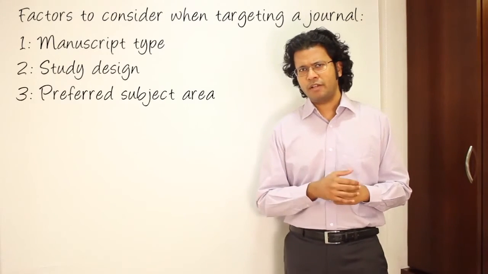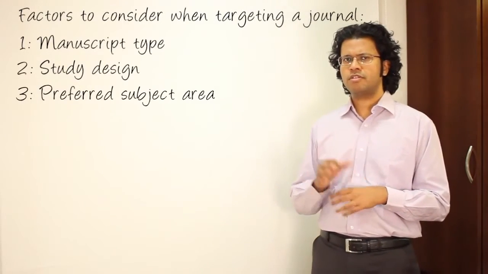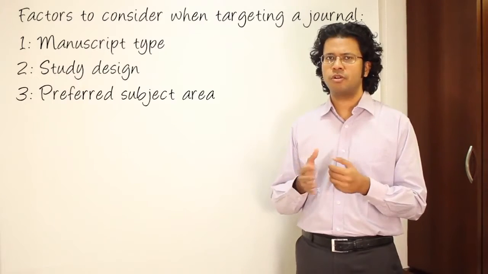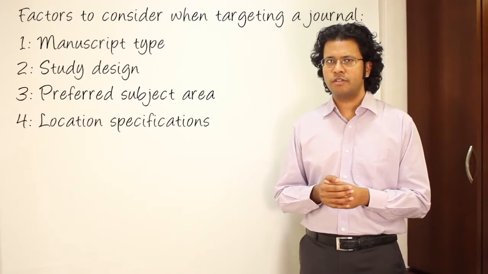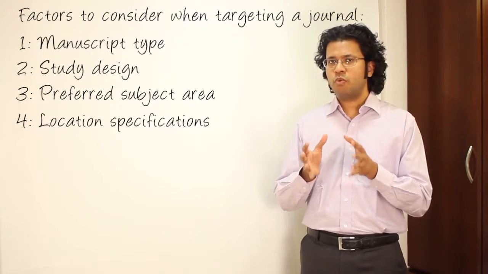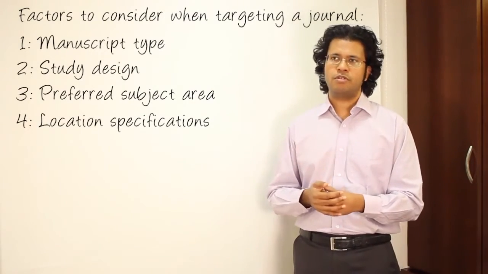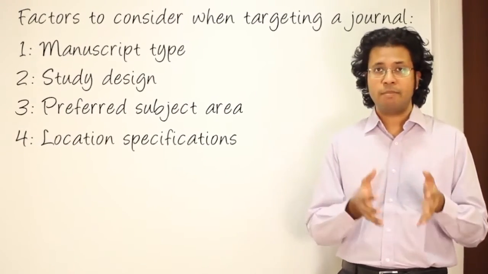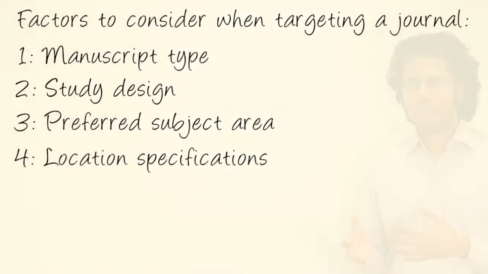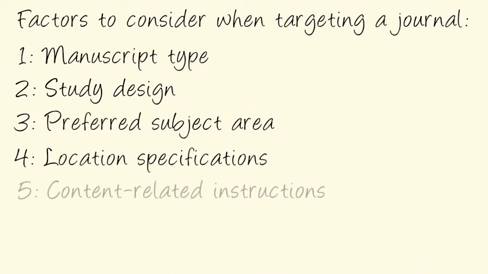Now, there is one more factor which is often not considered by authors, and that is the location where your research was conducted. So sometimes journals may want to publish work done in certain countries or in certain contexts, like developing countries, Asian countries, and so on. And finally, we have the content-related instructions that may be supplied by the journal.